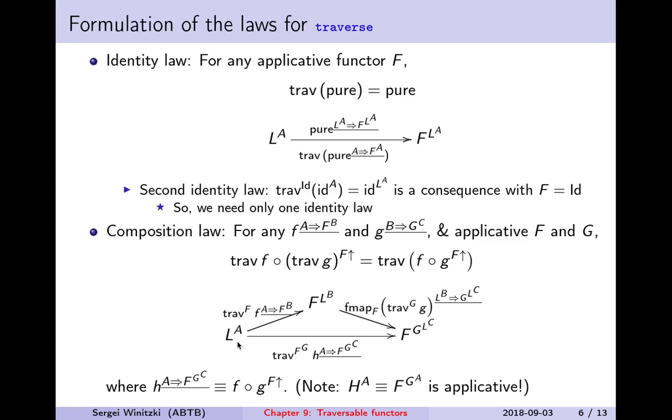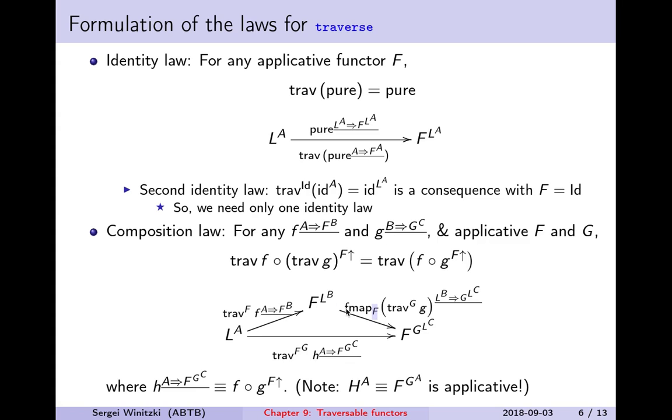Let's look at the type diagram. We start again with LA. First we traverse with function f, and we get FLB. Then we want to traverse with G, but G works on B, so we have to traverse just on this LB, and F needs to stay outside.